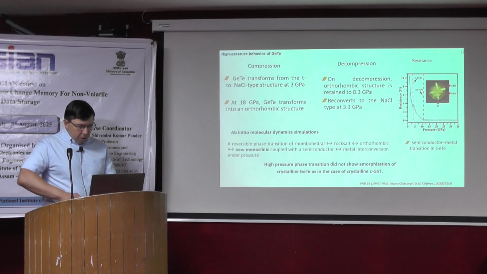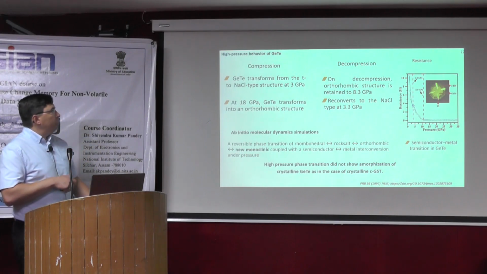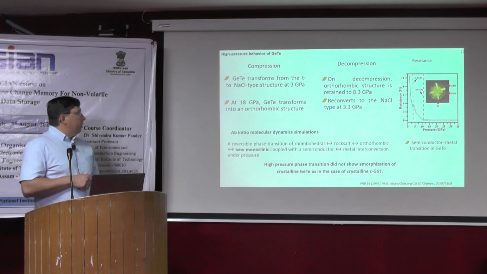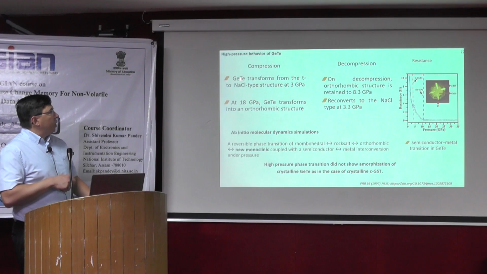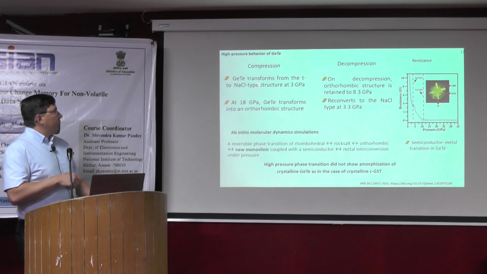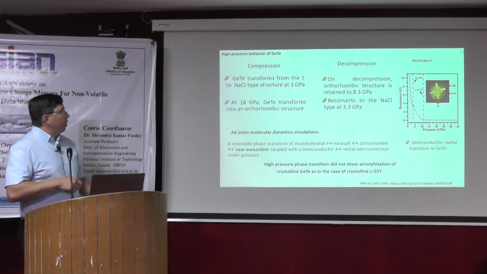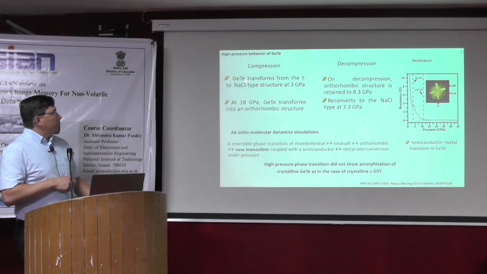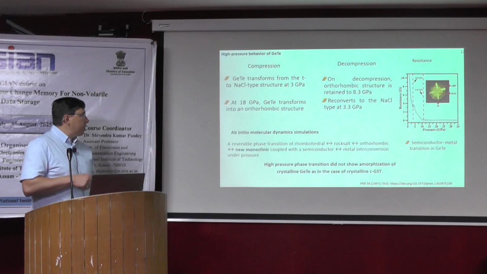So now let us look at the compression and decompression of germanium telluride. Compression of germanium telluride leads to the formation of a cubic, rocksalt structure at 3 gigapascal. It transforms from the orthorhombic or trigonal structure to the rocksalt structure at 3 gigapascal.